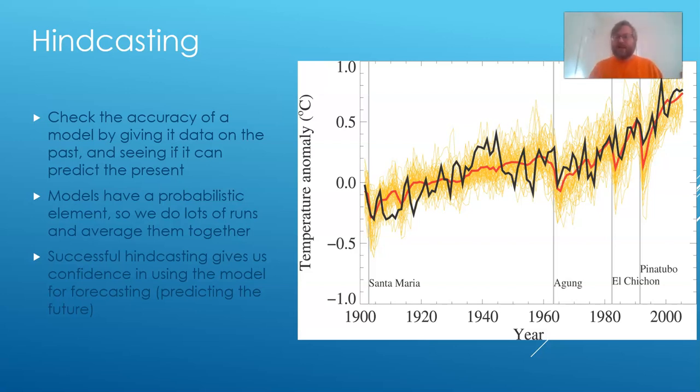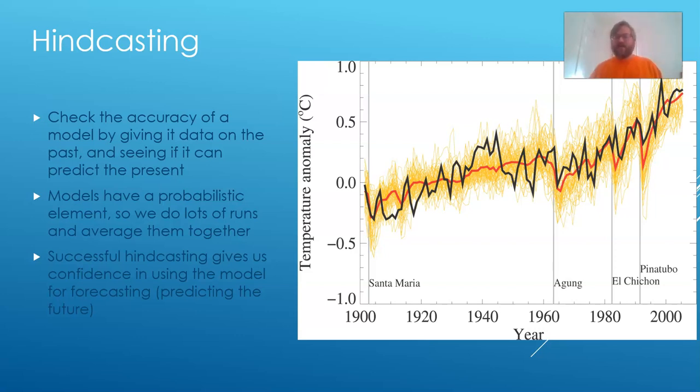So the image there is an example of some successful hindcasting. What you're seeing there, all of the very thin little yellow lines are the predicted temperature anomalies over the course of the 20th century from a particular GCM. So we ran it a whole bunch of times and put those all on our graph here. Those are all the skinny little yellow lines. Then the red line is the average. So we took all of those model runs, we averaged them together and said that's the average output of this model.